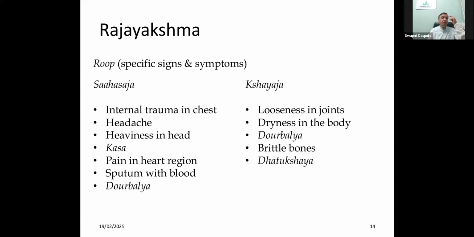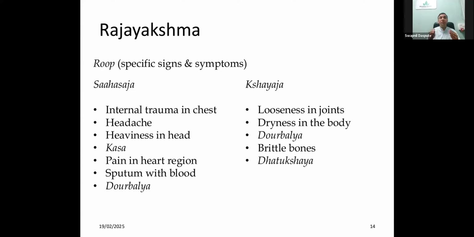In Kshayaja, looseness in the joints, Sandhi Shaithilya, dryness in the body, Daurbalya, weakness, and brittle bones, Asthi Saushirya is the Sanskrit word. Asthi Saushirya means the bones become brittle.